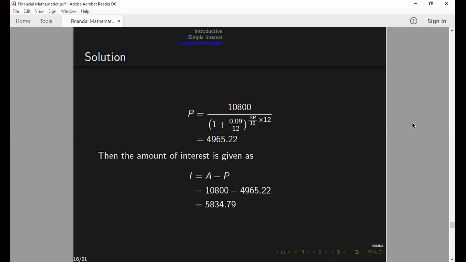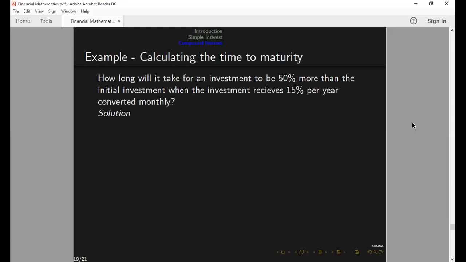Now, let us use calculating time. How long will it take for an investment to be 50% more than the initial investment when the investment receives 15% per year converted monthly?